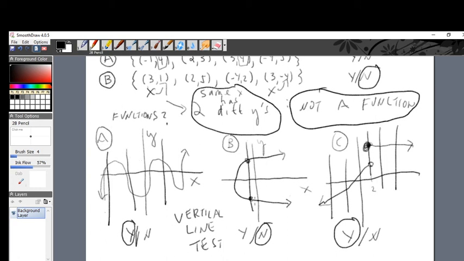And if it does cross two spots, then it's not going to be a function. If the vertical line crosses twice or more, then it's not a function.